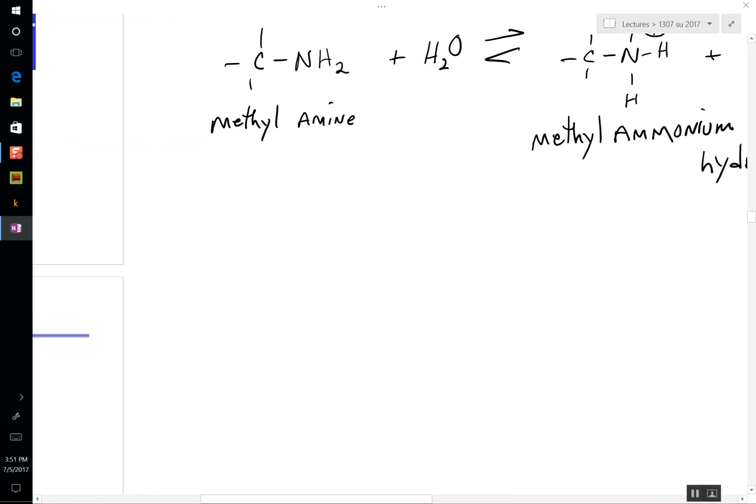So let's take a simple amine. That's methylamine, just what's right above there, plus hydrochloric acid.